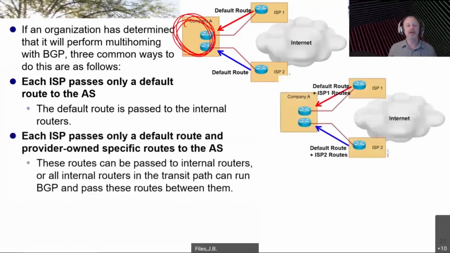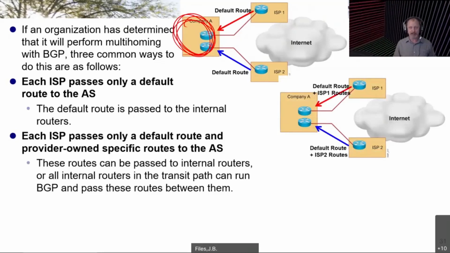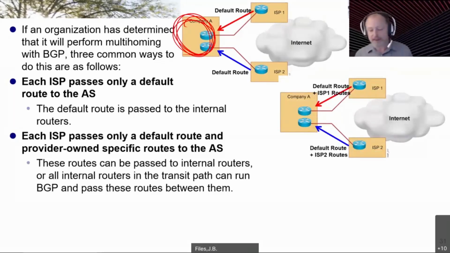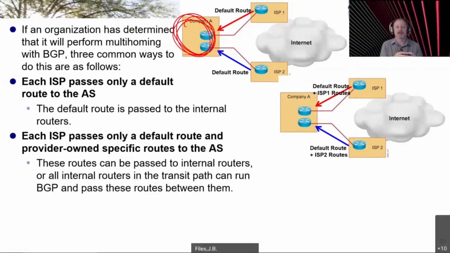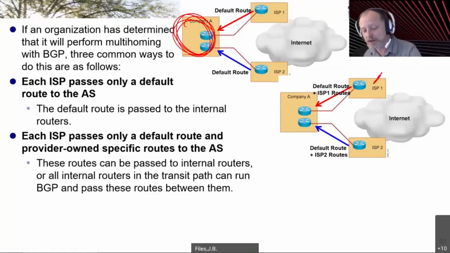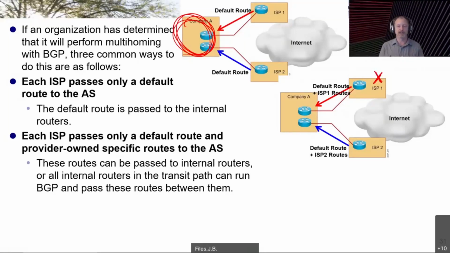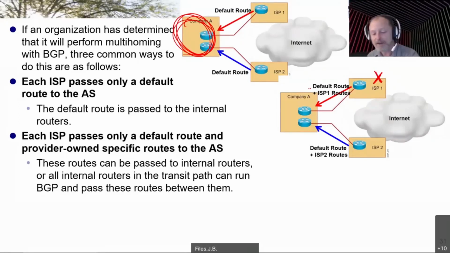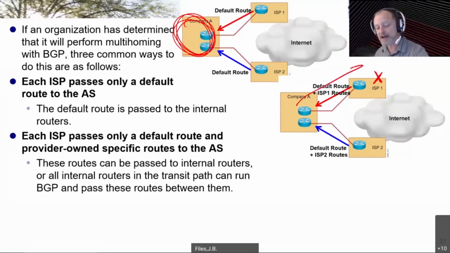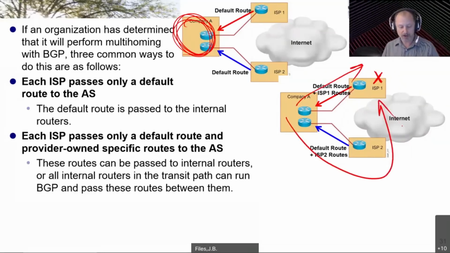Or maybe we get a default route from each service provider plus the internet routes that belong to that service provider. So if some prefix was on the ISP1 network, then obviously the best way to get there is to go directly there. We wouldn't want to take another path.